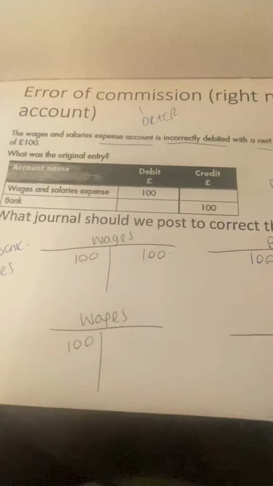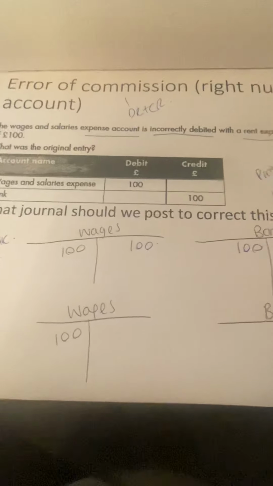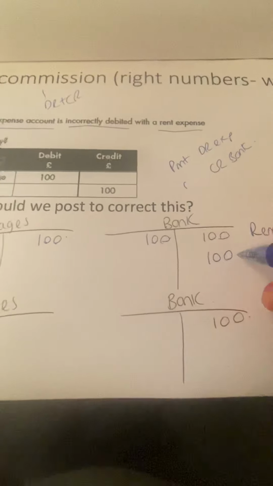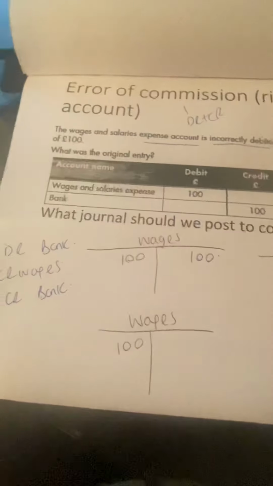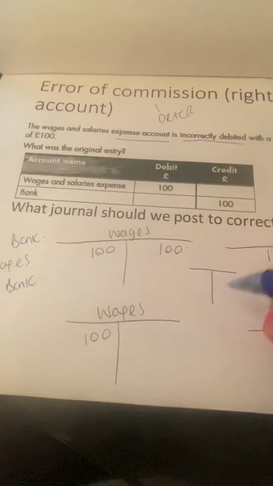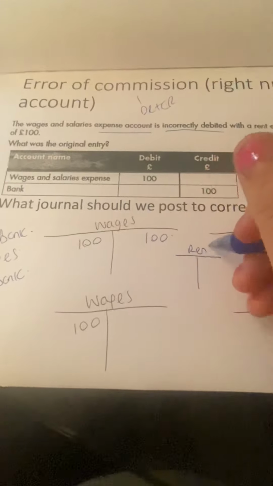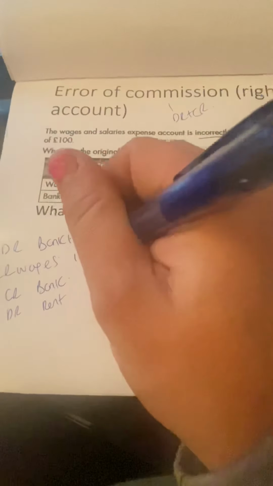Okay, and then we're now going to post the correct transaction, which should have been credit the bank. And I have to put a little T account in here for rent. Debit rent. Okay, all with £100.